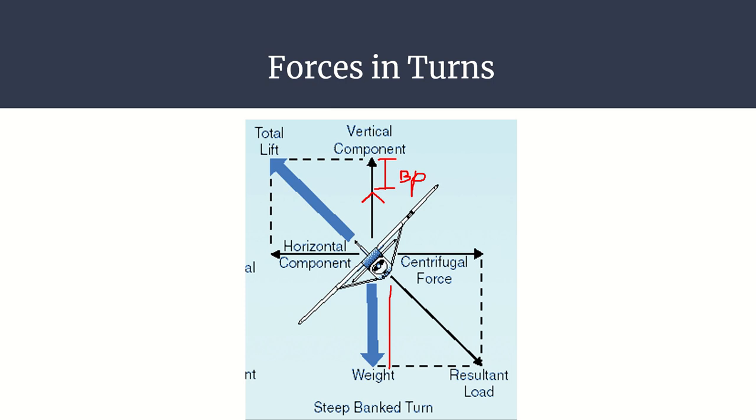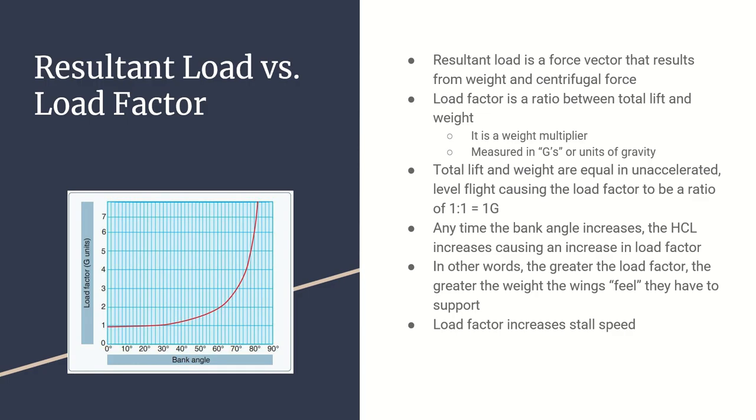But you can see that's obviously not the case. So if we're comparing the amount of total lift to the amount of weight, this would be a ratio of maybe 1.5 to 1. If we divide 1.5 by 1, we get 1.5. So that would be 1.5 Gs, or units of gravity, and we would use that as a multiplier for our weight.